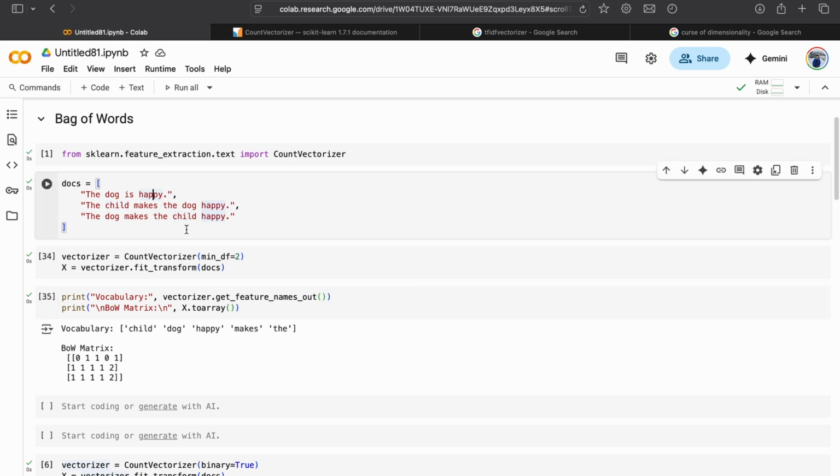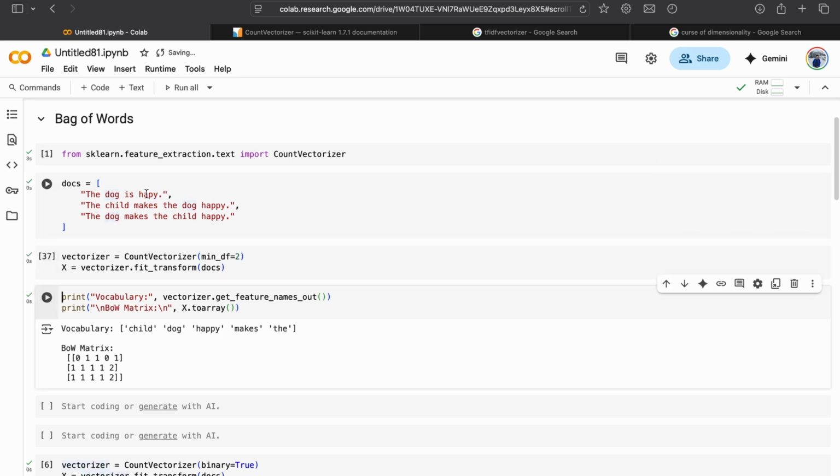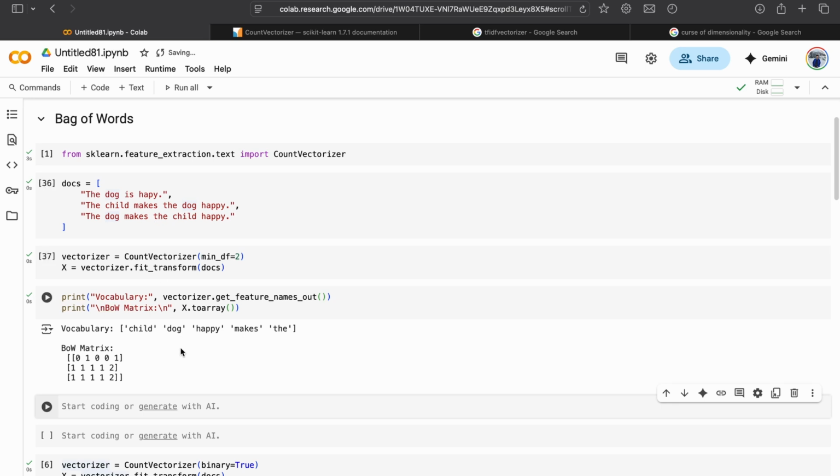Someone might type happy as HAPY. But this is not a word, it's just a mistyping. So to remove the mistypings, we can set min df to a higher number like 2. So this will get rid of this mistyping.